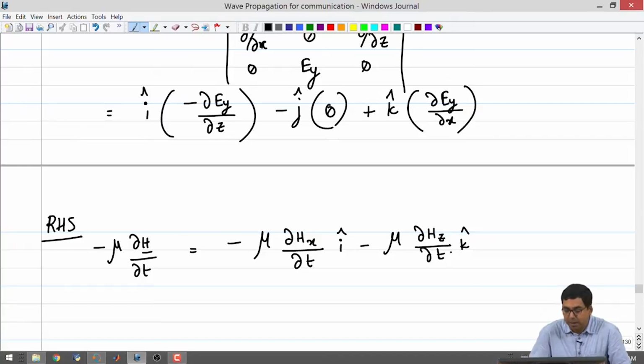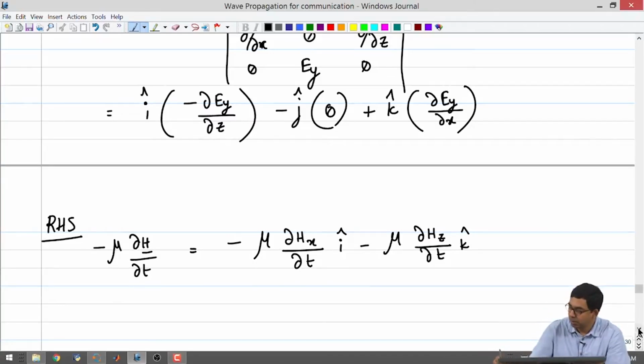So, H has been divided into Hx i plus Hz k. Once you do that, all you need to do is take only the unit vector i, equate the coefficients, and then take the k vector, equate the coefficients.